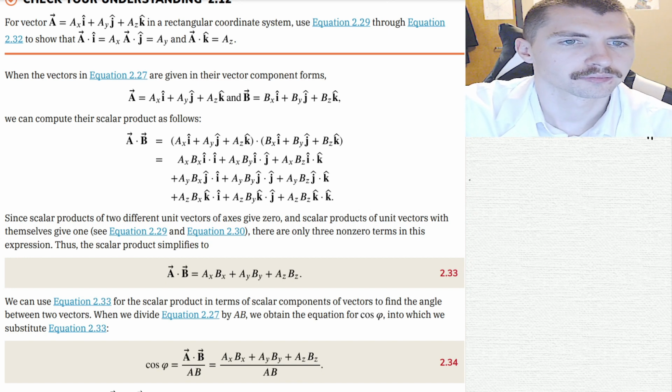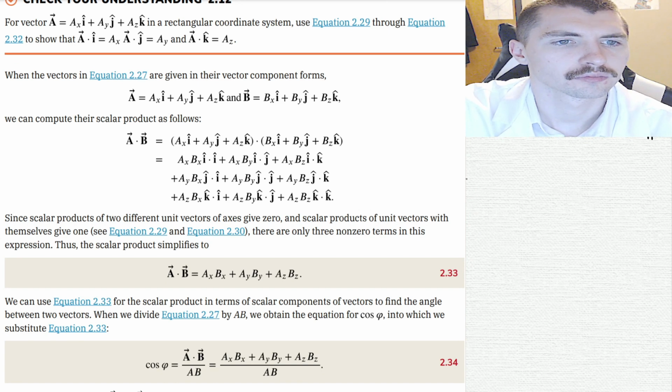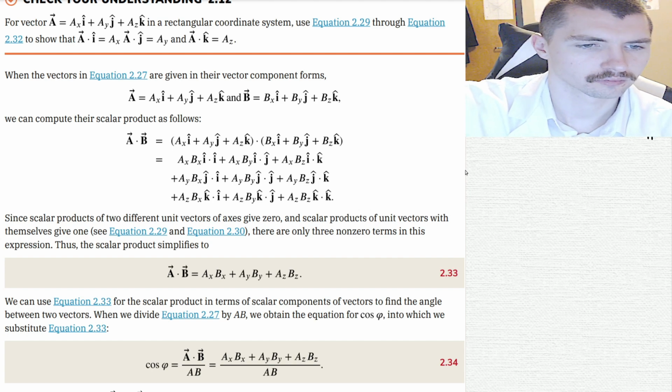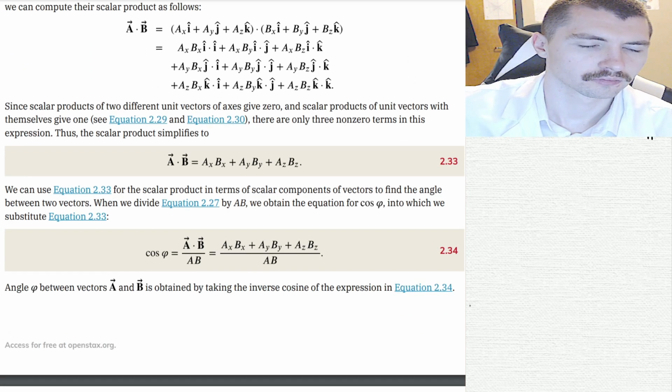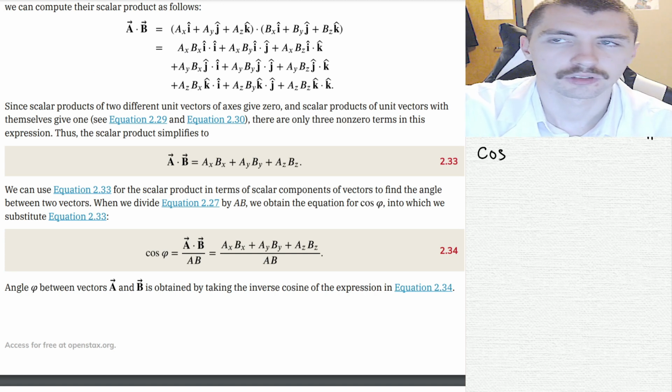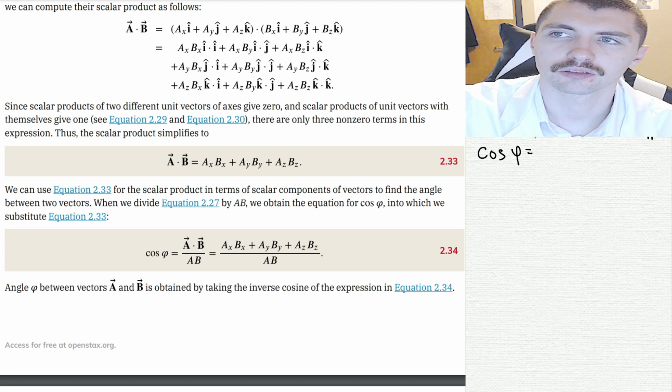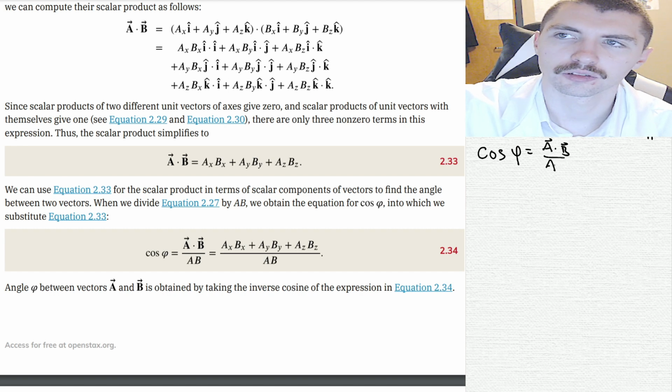So cosine phi is A times B over the magnitudes.